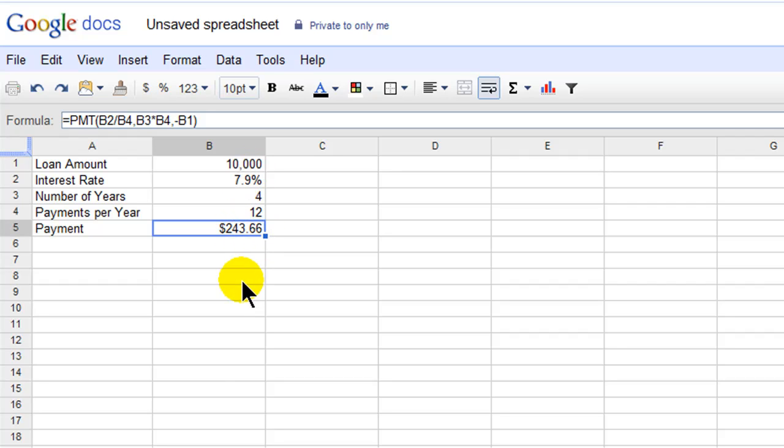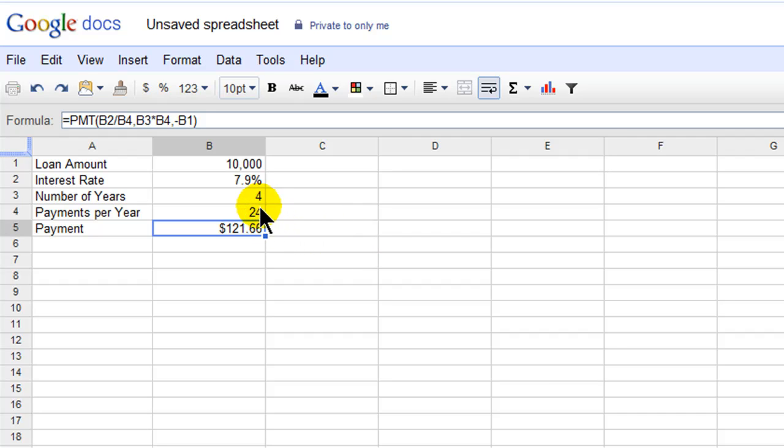Now that we've set up our calculator like this, we can easily figure out different things. What if there was only, let's say, 1 payment per year? Well, in that case, I'd be paying 1 payment per year for 4 years, or 4 payments, and my payments would be $3,012 once a year. What if you're making bi-monthly payments? Well, then you'll be making 24 payments per year, 2 per month.